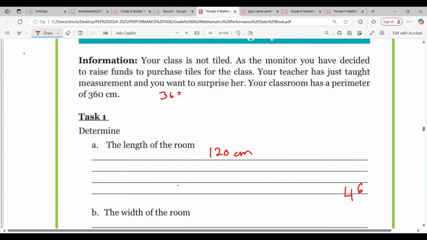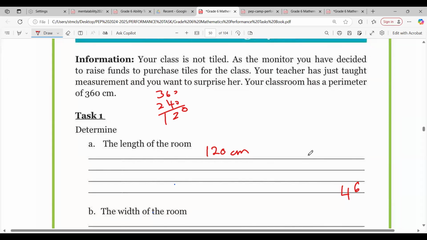So 120 and 120 would give us 240. Take that from 360, leaves 120 for the two widths. Yeah, so the width would have been 60. The width would have been 60. So let's scroll down and do the width.